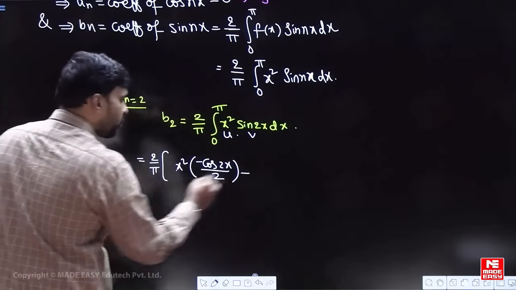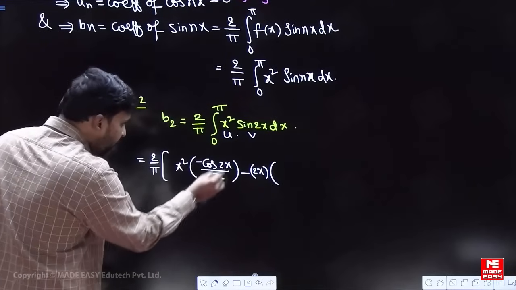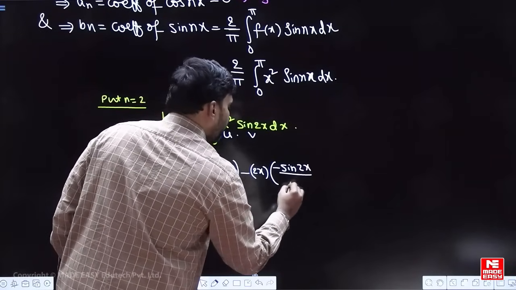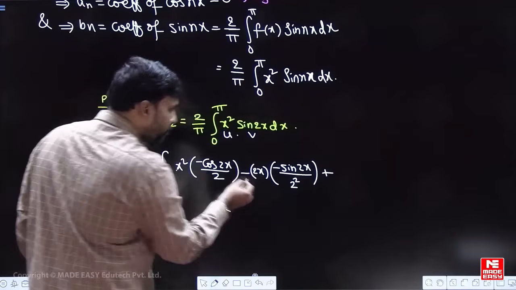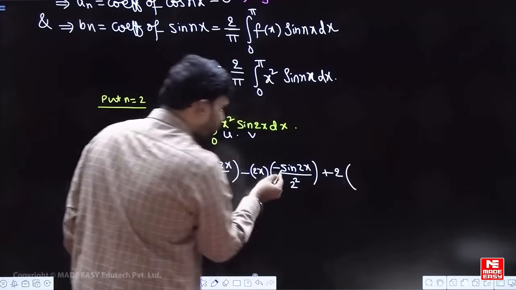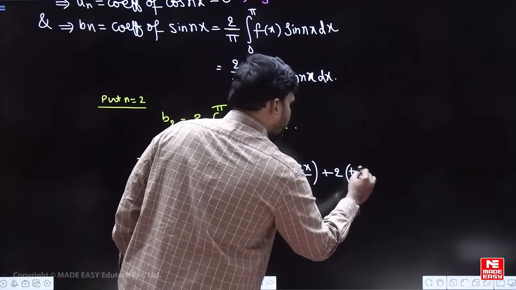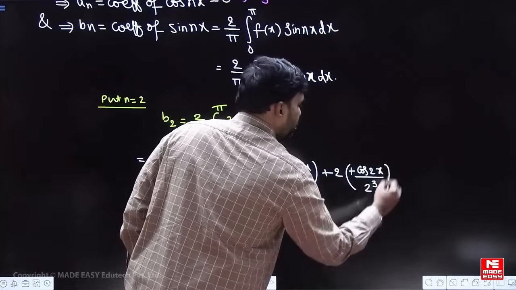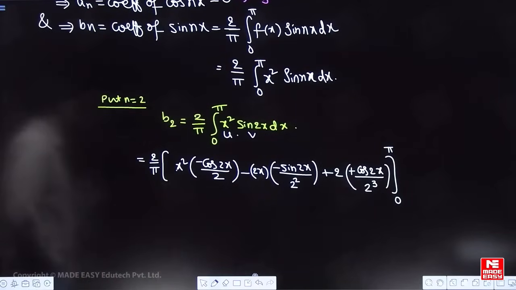Minus the differentiation of x square, which is 2x, into the integration of minus cos, which is minus sin 2x by 2 square. Then plus the differentiation of 2x, which is 2, into the integration of that, which is minus of minus, plus cos 2x by 2 cube. So it is from 0 to pi.